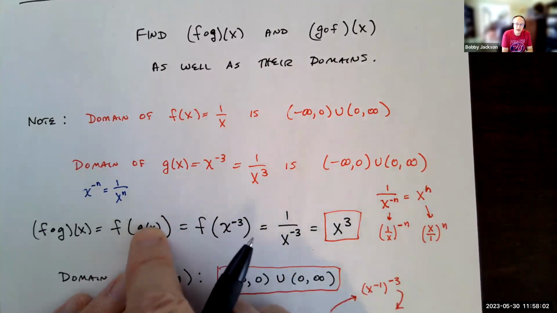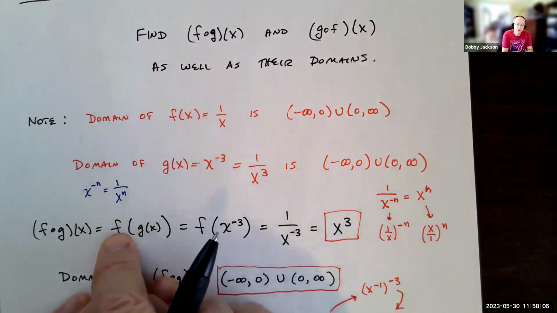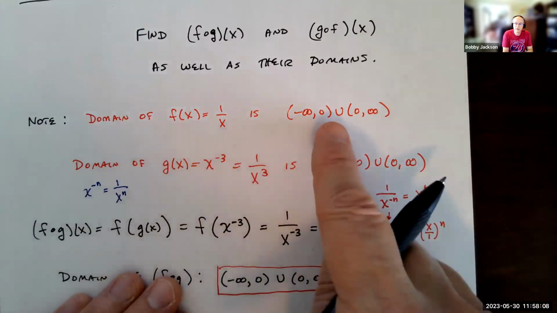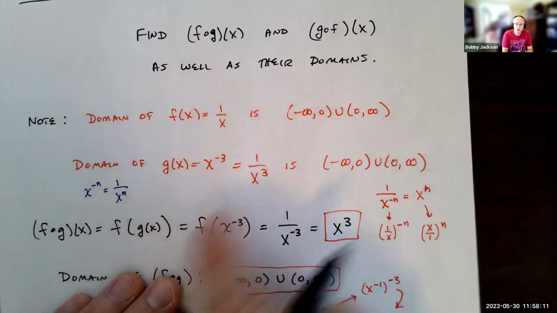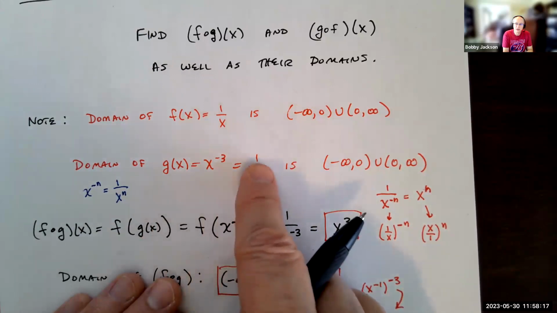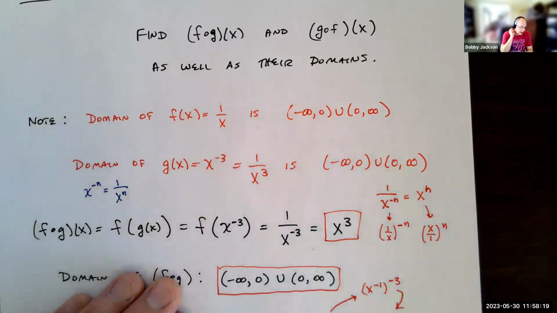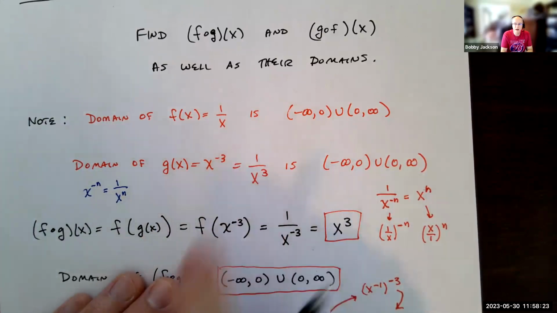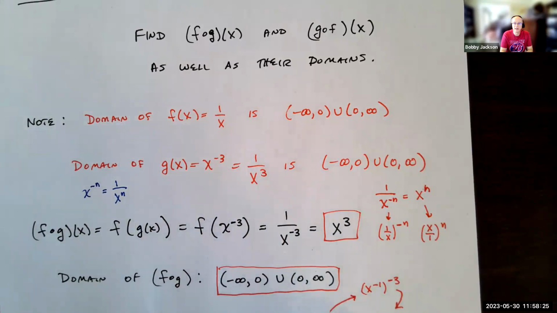We also need to look at the output of g of x and make sure it's in the domain of the function f. The domain of the function f was everything except for 0. Well, can you ever get 0 as an output of the function g? The answer is no. Since I'm dividing into 1, the output will never be equal to 0. Remember, 1 divided by 0 is not 0, it's undefined.